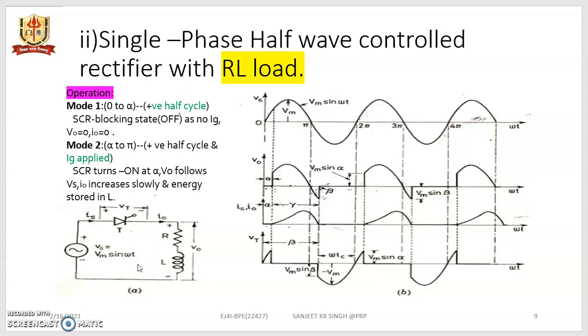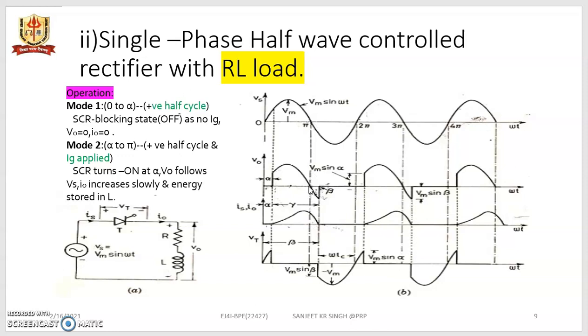Here we can explain the working in three modes. In mode 1 we have from 0 to alpha. So here 0 to alpha, it is the positive half cycle of the input, and during this mode the SCR is in the blocking state, that is, it is in off state, and the voltage across the SCR is the supply voltage as it increases. The moment the gating pulse arrives at the gate of the SCR, it is turned on and it follows the curvature of the supply voltage.